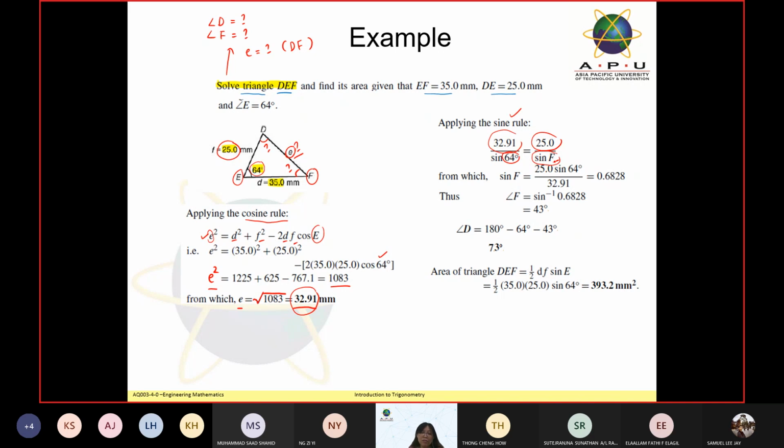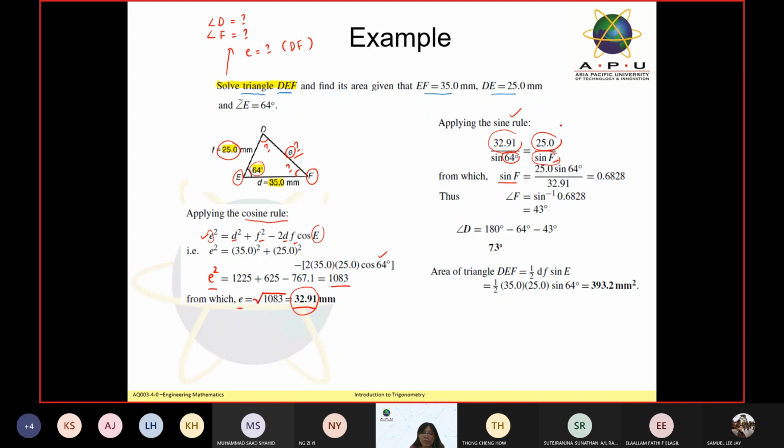So how do we solve for F? Sine F equals 25 divided by 32.91 multiplied by sine 64. Sine 64 is 0.6828. As I mentioned just now, you can also use this way to solve.